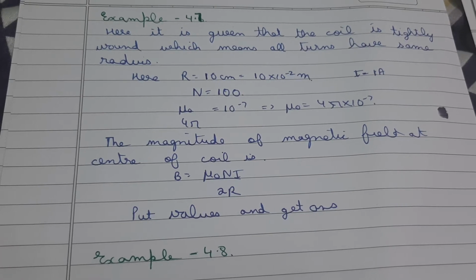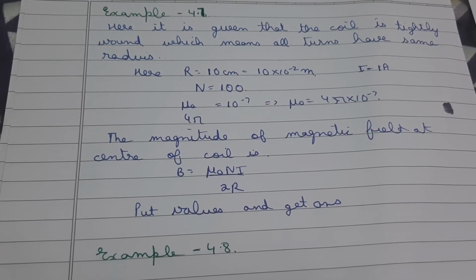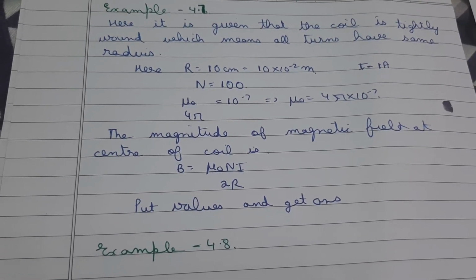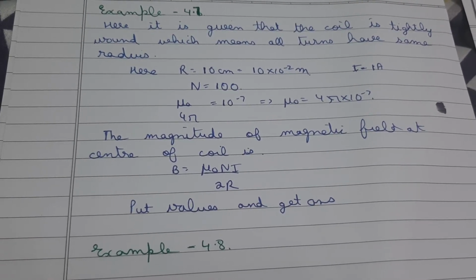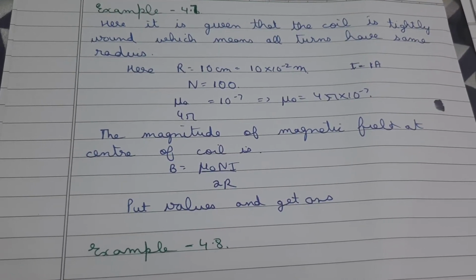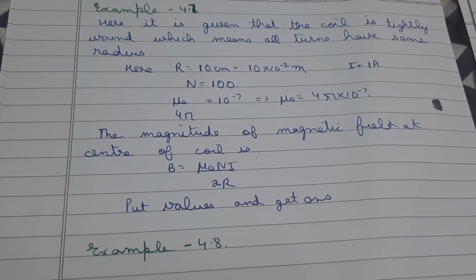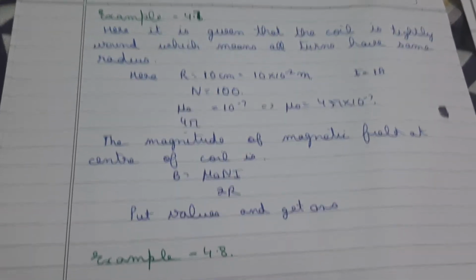Current is 1 ampere. Number of turns n is 100. The value of mu naught upon 4 pi is 10 raised to power minus 7. From here we will find the value of mu naught. It is 4 pi into 10 raised to power minus 7. The magnitude of magnetic field at the center of the coil is given by B is equal to mu naught N I upon 2R. Put the values and get the answer.